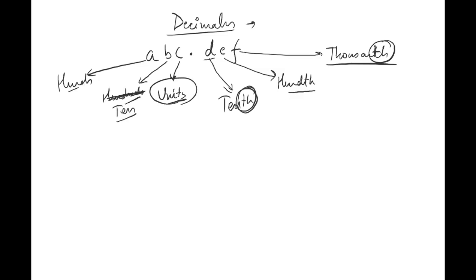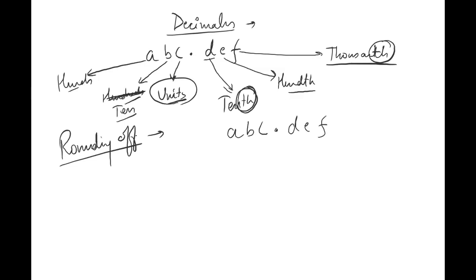Now let's see the rounding off thing. Okay, what is the basis of rounding off? Let's say we need to round off ABC dot DEF. Let's say we need to round it off to hundredths place. Hundredths place means we need to round it off till this. I mean, we need to end the number here.